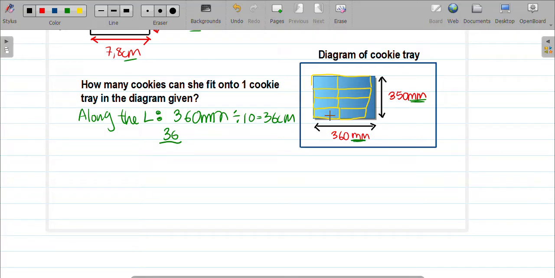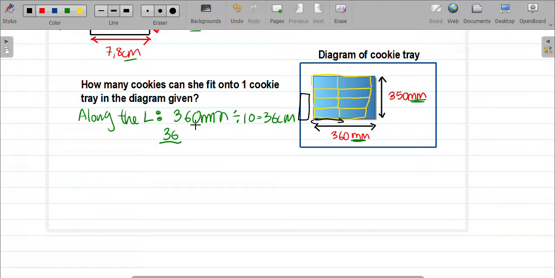That's the length. So please note, look at how they space the cookies in the diagram. It is the length of the cookies going along the length of the tray. They are not displayed like that. So in this case, it would be the breadth going along. But let's just note that the length is going along the length of the tray.